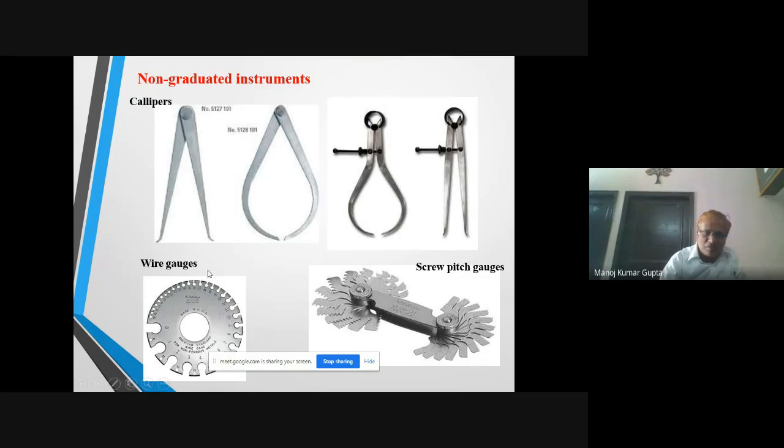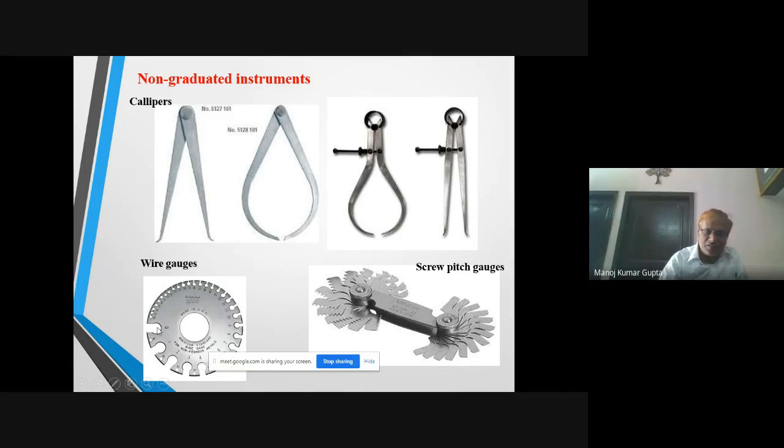And this is a wire gauge. It has holes, of different sizes. If we want to measure the diameter of a wire, we insert the wire inside these holes. These are the outer holes.